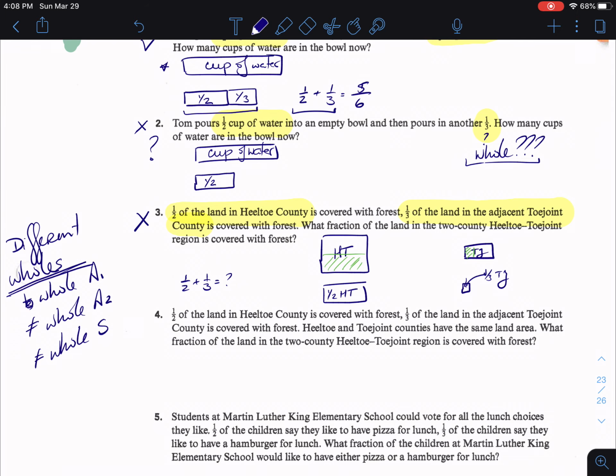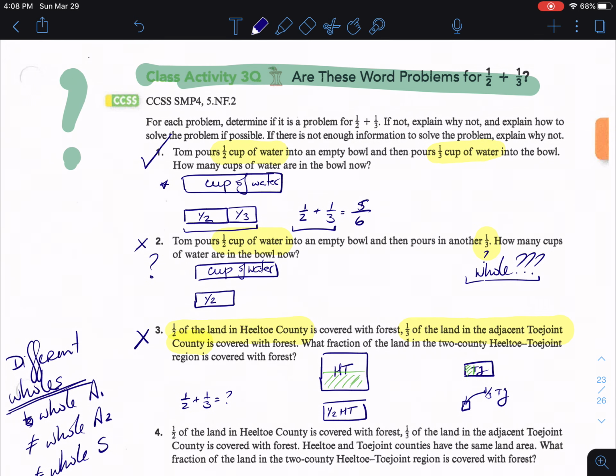We have different wholes. Now let's go back and clarify what's happening in 1 and 2. In 1, the whole for the first addend, half a cup of water, was equal to the whole for the second addend, which was equal to the whole for the sum.